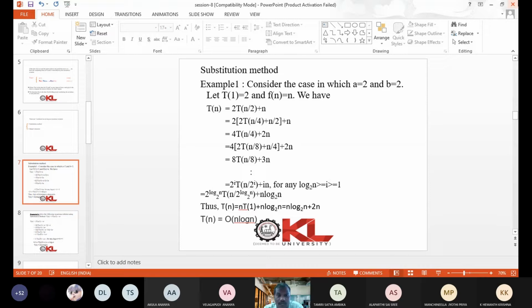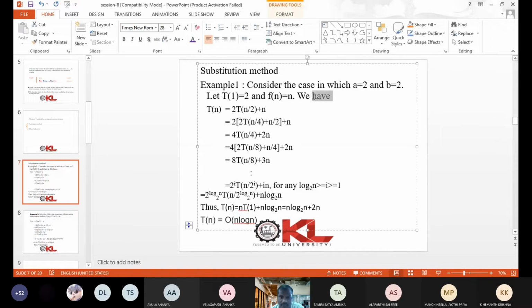So we have T of n equals 2T of n by 2 plus n.